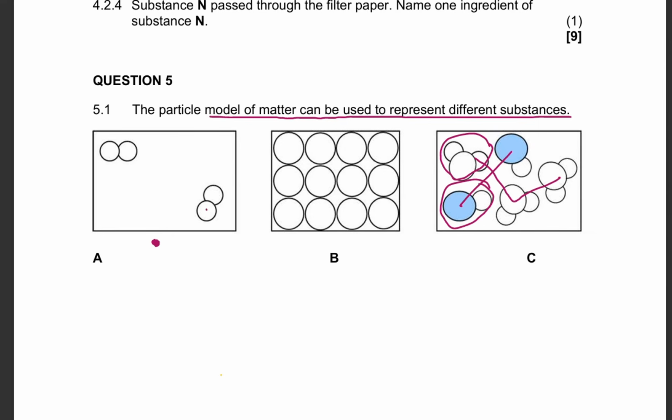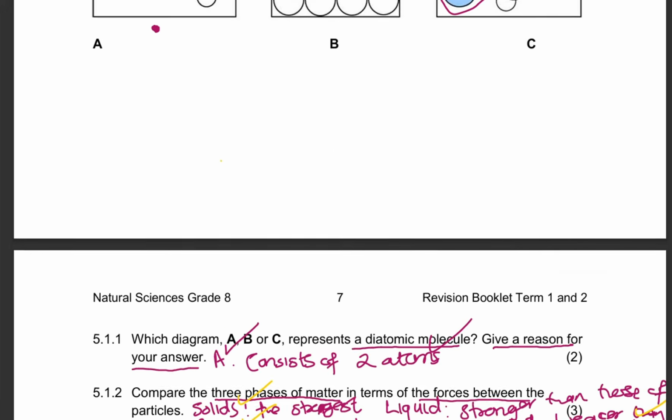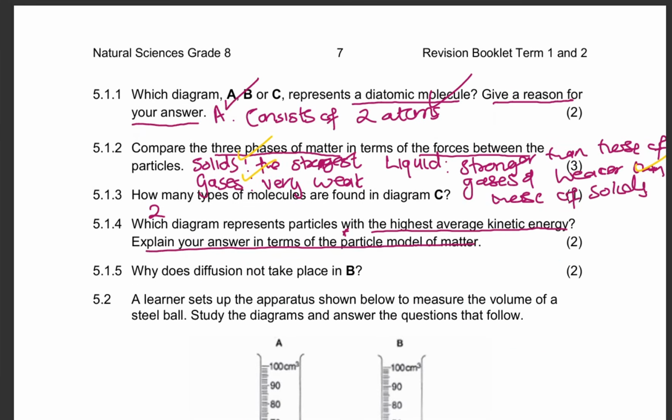Or you can say the forces of attraction are smaller and particles can move freely. 1 mark for the letter and 1 mark for your reason. So the letter is A. You get a mark for writing A. And the reason, we mentioned that the spaces between the particles of gases is the largest.